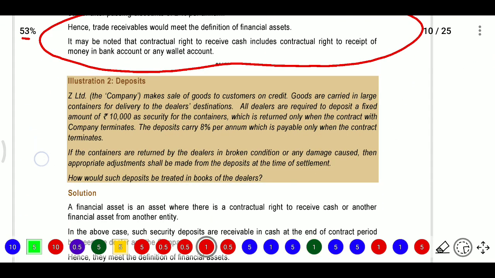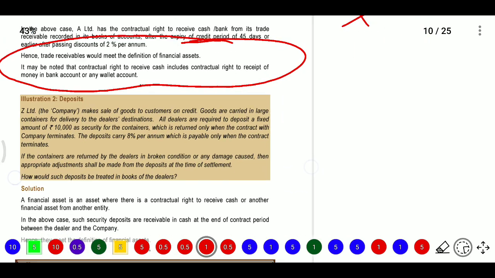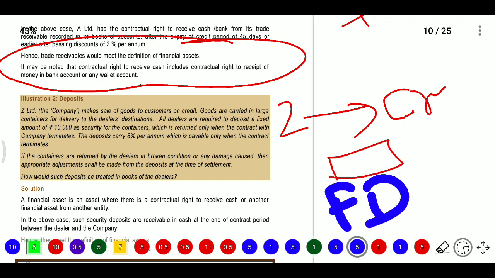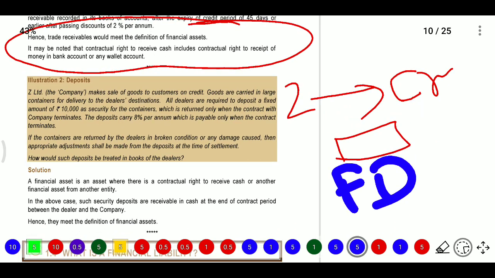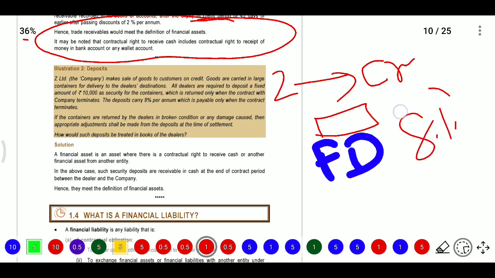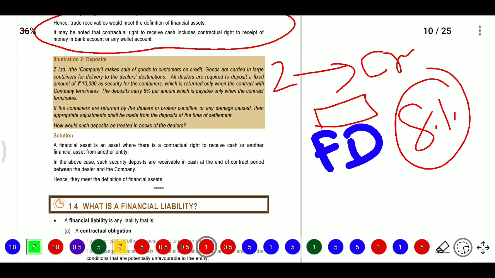And after that, second one: here one company is there, which sold some goods on credit basis, and they are sending one large vehicle, and for that they will collect a security deposit of 10,000 rupees, and they will pay 8% interest on that security deposit when the contract is submitted.